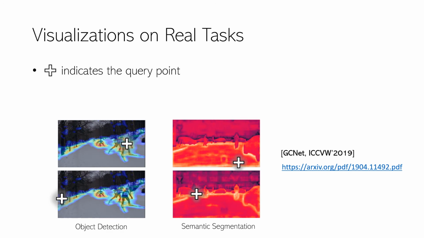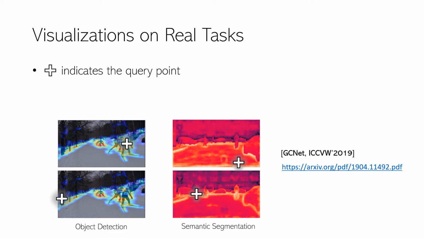We show some real examples from the tasks of object detection and semantic segmentation. These images are the attention maps of all key pixels to different query points, where the query points are marked by the white crosses. And for the attention maps, the warmer the color is, the higher the attention similarity is.